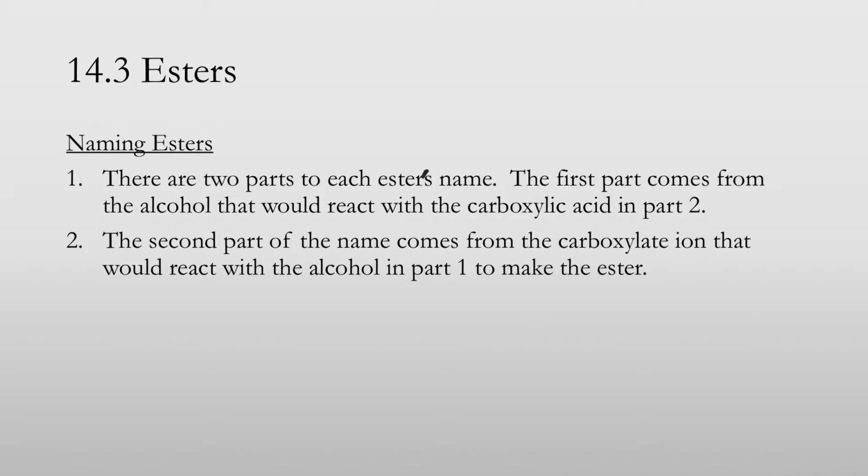All right, so naming esters. There are 2 parts to each ester's name. The first part comes from the alcohol that would react with the carboxylic acid from part 2, and that means right here. If I go back into the reaction 2 slides ago where we had acetic acid, which would be more formally known as ethanoic acid.